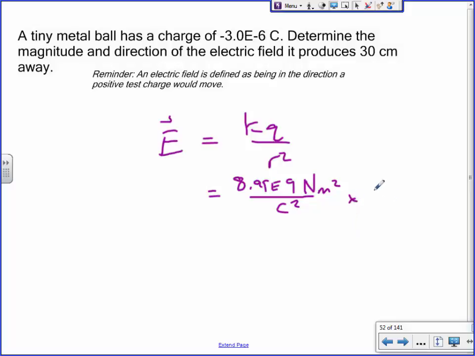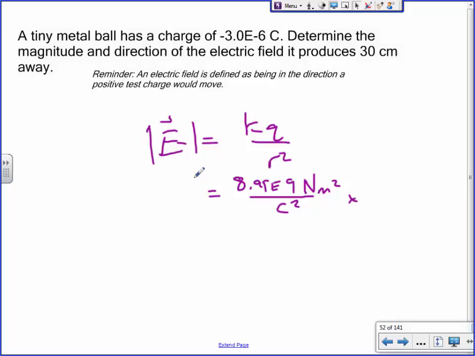Then we times it by our charge. You know how sometimes these formulas have absolute values on them? See how the one we're working on has absolute values around the sides right here? Why does the one below it not need absolute values? The one below it, E equals Fe over Q, does not need absolute values because the test charge is always positive, so we have no reason to flip a negative back to a positive.